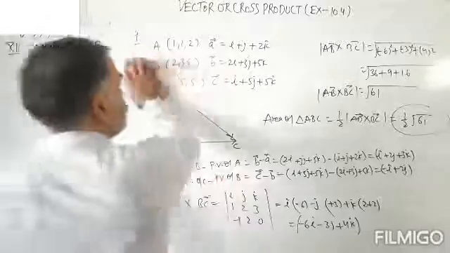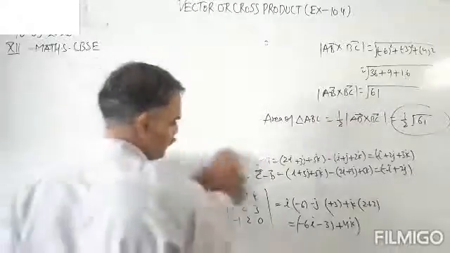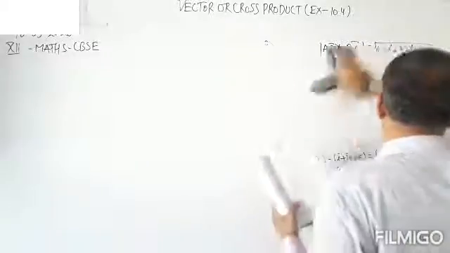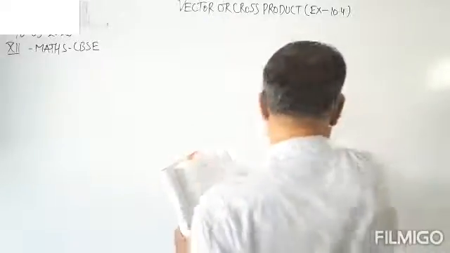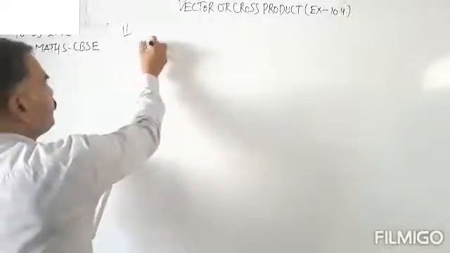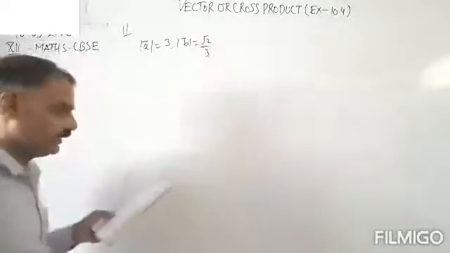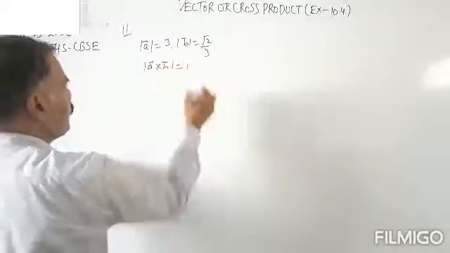Question number 11 of exercise 10.4. Let the vectors A vector and B vector be such that the magnitude of A vector is given as 3, the magnitude of B vector is given as under root 2 by 3, and the magnitude of A vector cross B vector is a unit vector.